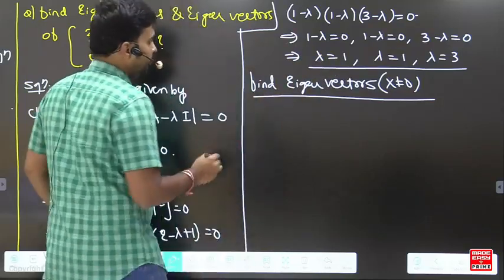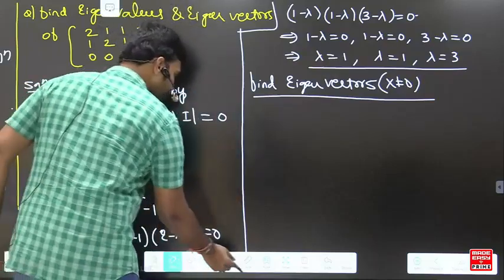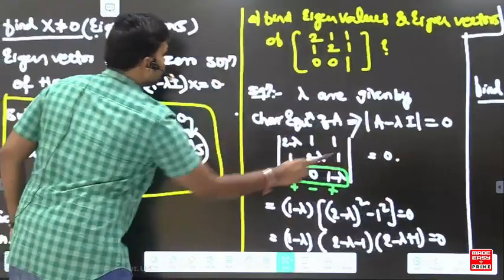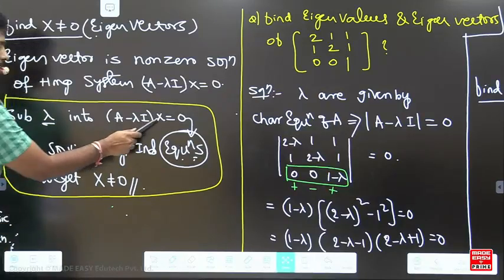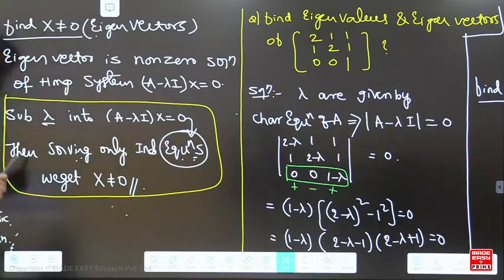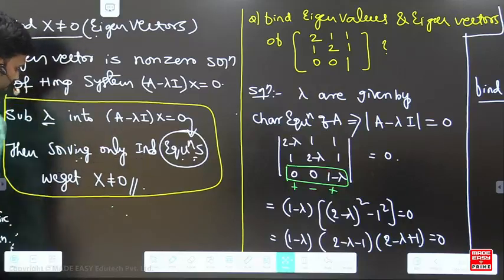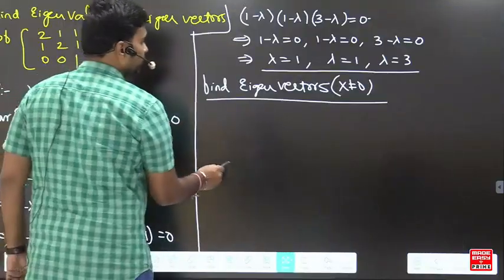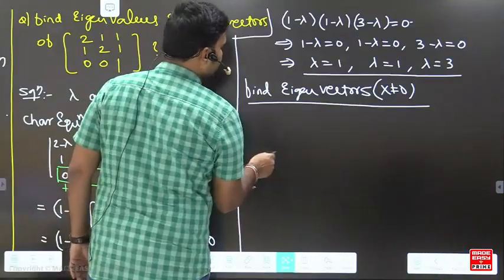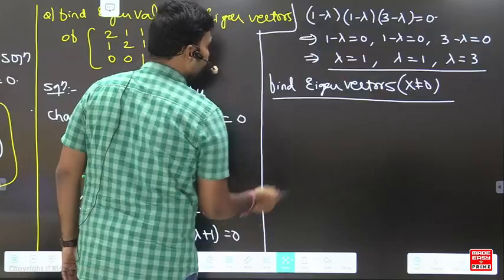So what is the procedure of solving for eigenvalues and eigenvectors? Please see that. Substitute the lambda into (A minus lambda I) x equal to 0. Then, solving only one independent equation, we will get x not equal to 0.